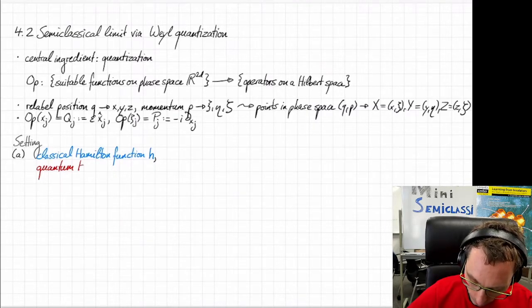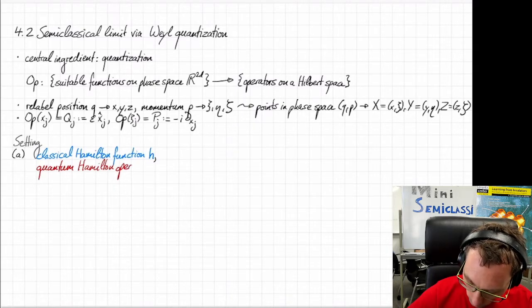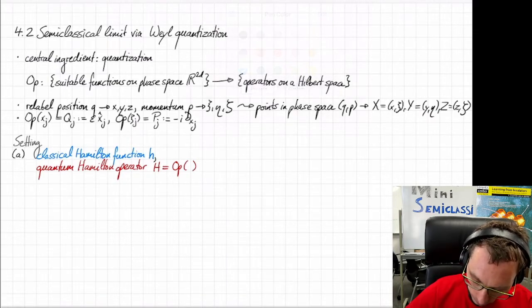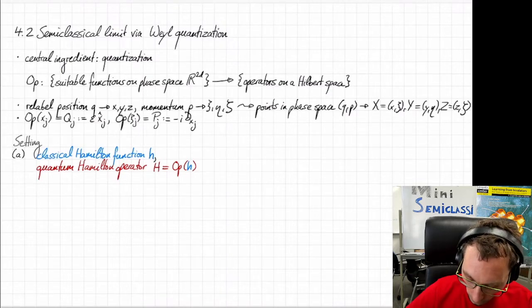This is now a Hamilton operator. And I'm going to assume, of course, that this operator is the quantization of the classical Hamilton function. So this is the link between the two systems in the description.